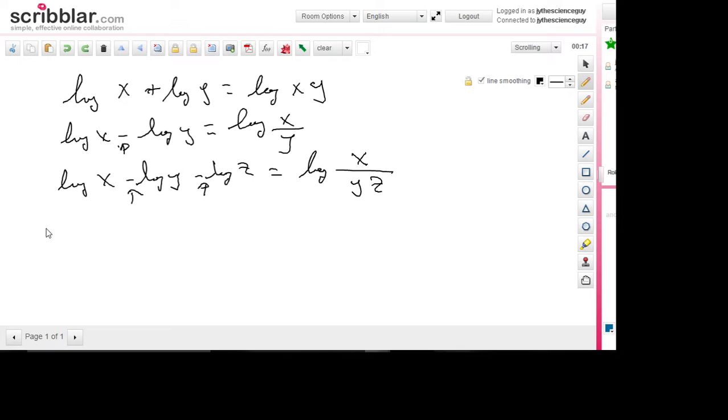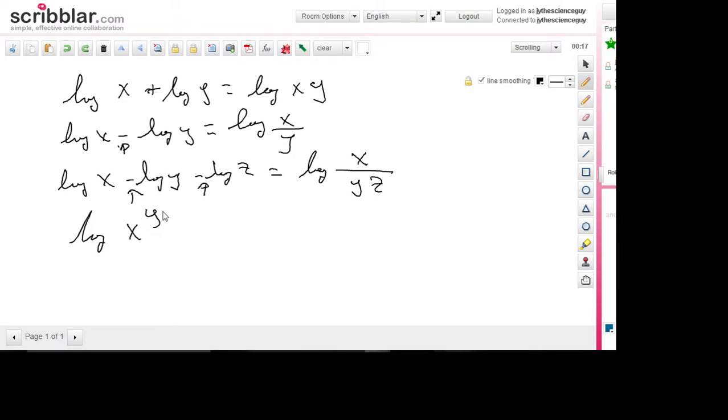The last one is if I have the log of x to the y power, then I'm going to circle this part. When I rewrite it, whatever that exponent is goes in front of the log and gets multiplied. And you're going to use that a lot in order to solve logarithmic equations. So this is going to be equal to y times the log of x.